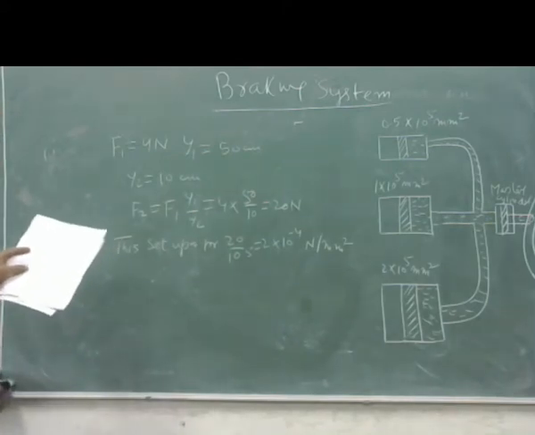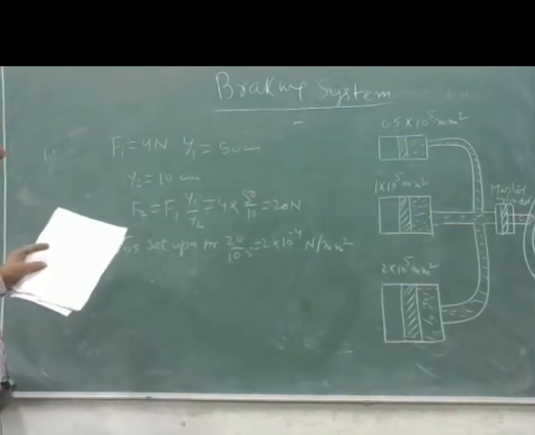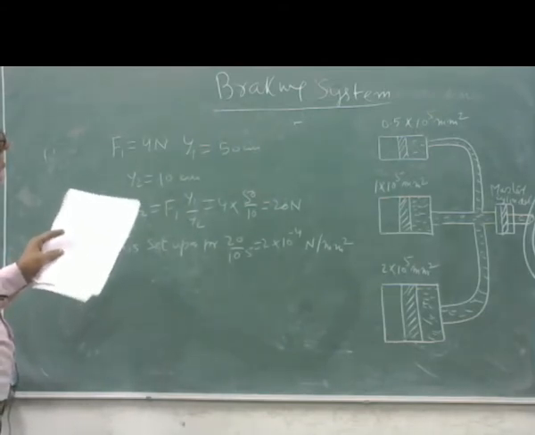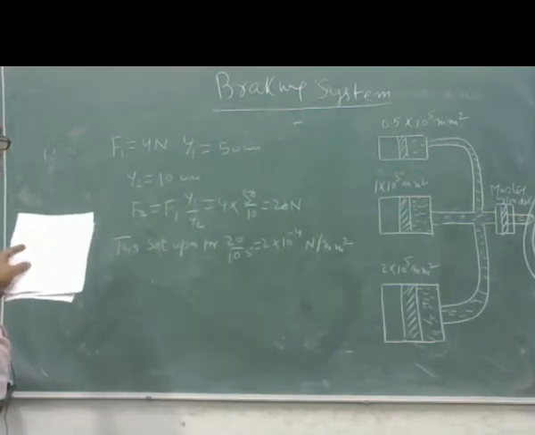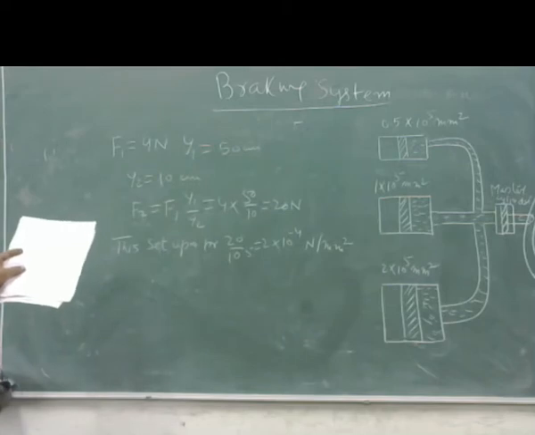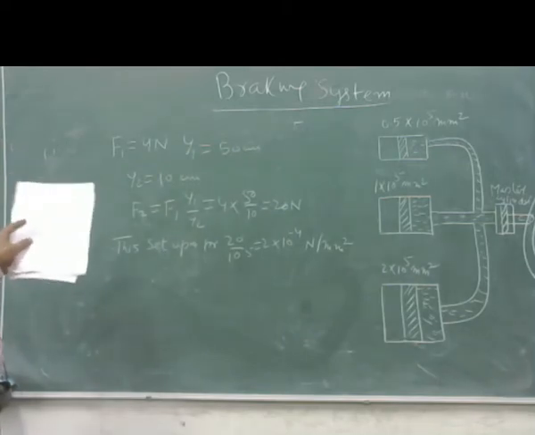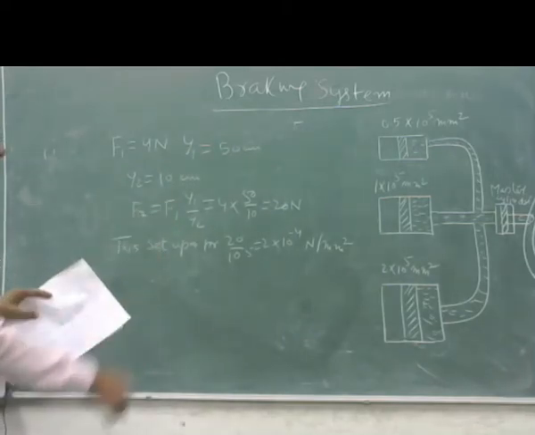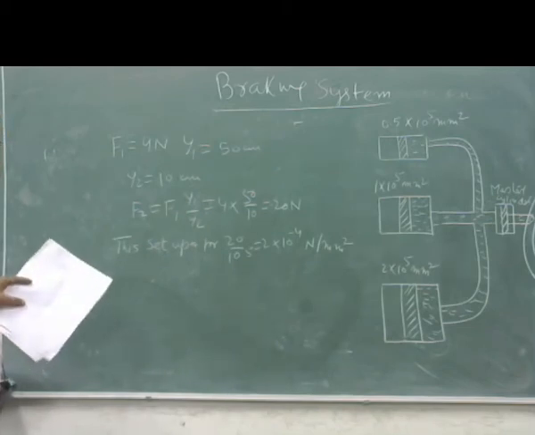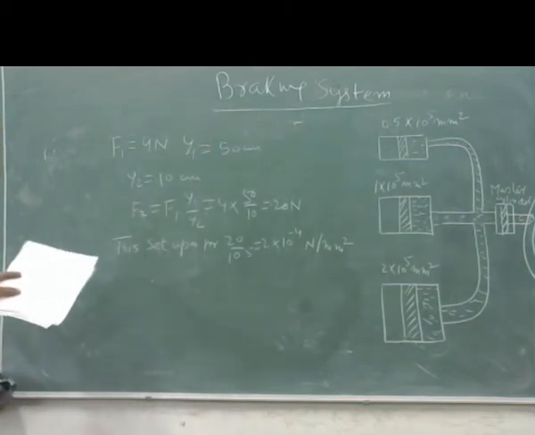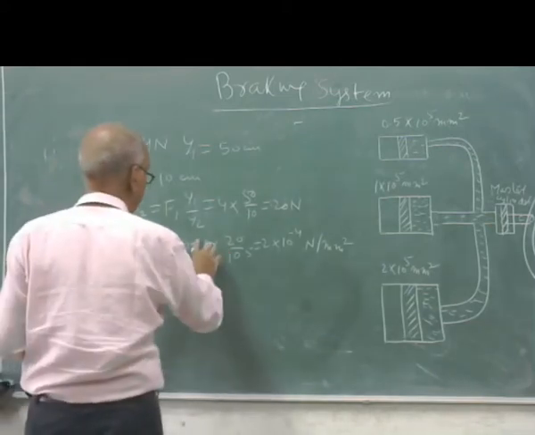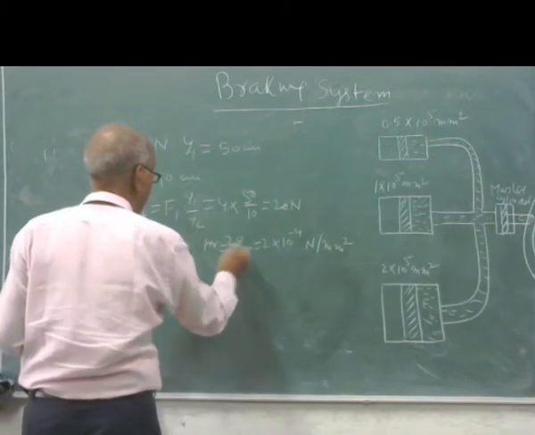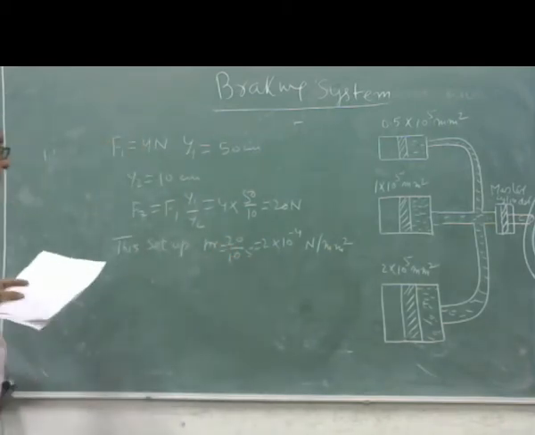F2 force that is coming on the piston, that force is equal to F1 into Y1 upon Y2. F1 we have taken 4 Newton force which is being applied over here from the pedal. So F2 is given by this. This set up pressure is equal to 20 upon 10 power 5, that is 2 into 10 power minus 4.